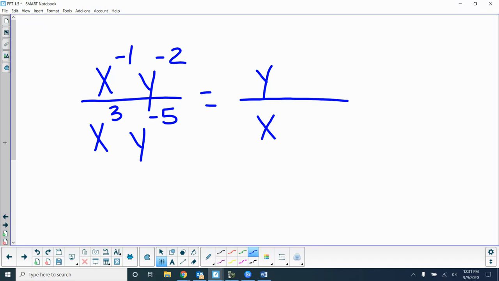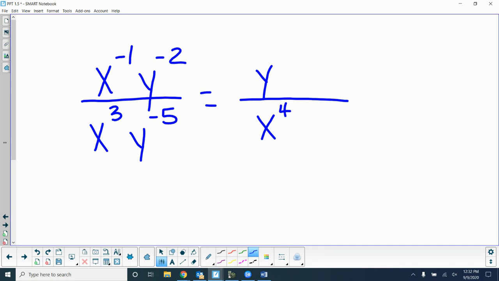But I don't worry about switching them. I look for the higher exponent. Okay? Then you just do what when it's division with the exponent? Subtract. Always biggest minus smallest, right? So what's 3 minus negative 1? 4.